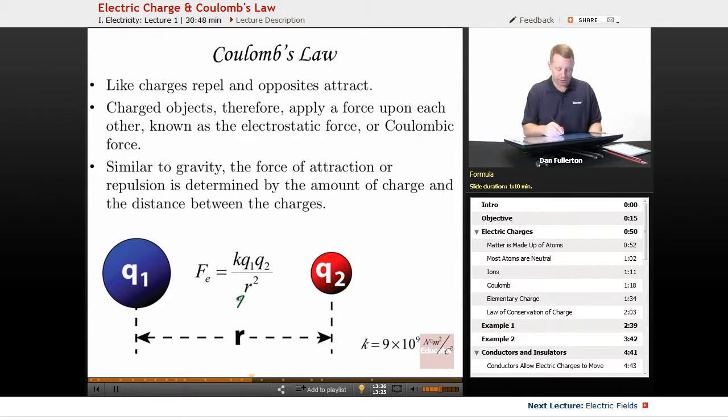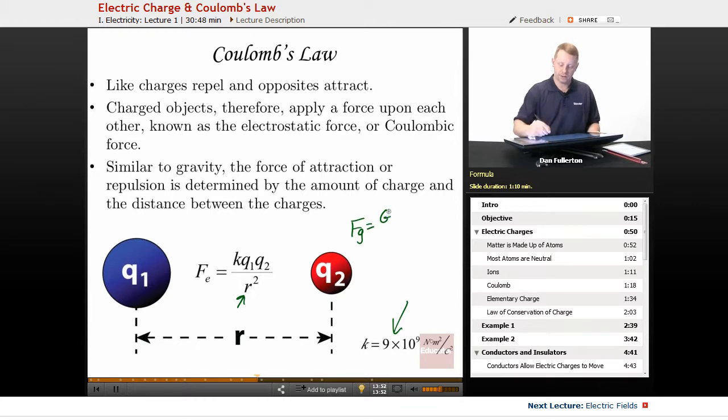And be careful here, we're using R as the distance between the centers of the objects. In this case, we're not talking about a radius itself. R is the distance between their centers. And when we do this, we end up with a K constant of roughly 9 times 10 to the 9th Newton meter squared per Coulomb squared. All right, notice how similar this is to the force of gravity.